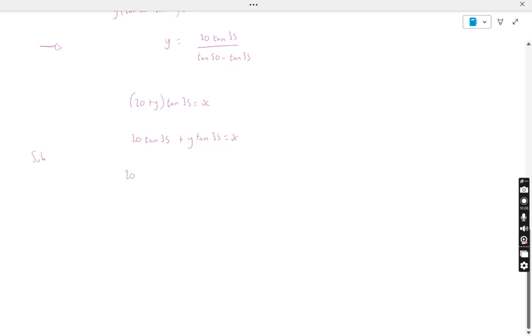So 20 tan 35 plus, in brackets, instead of y, we're going to put what we figured out y was: 20 tan 35 divided by tan 50 minus tan 35, close the bracket, times that by tan 35 equals x.